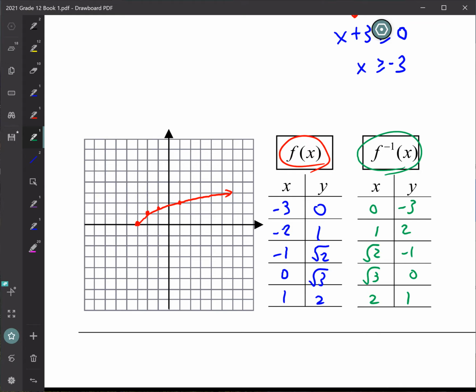Can you try to draw on the screen what the second graph looks like?